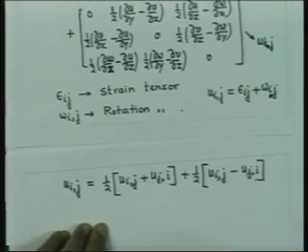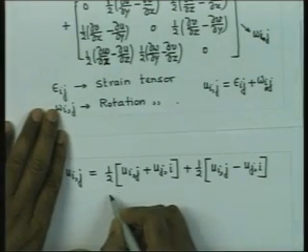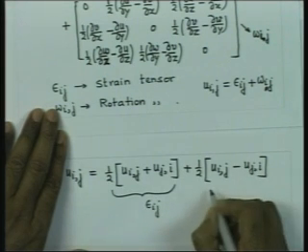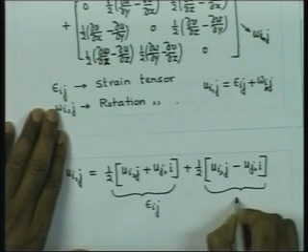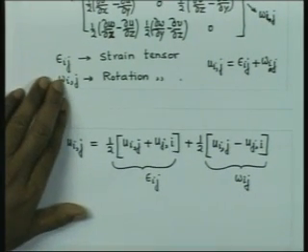So, you get now the strain tensor. You are already familiar that this is the definition of the strain tensor and this is the definition of the rotation tensor wij.